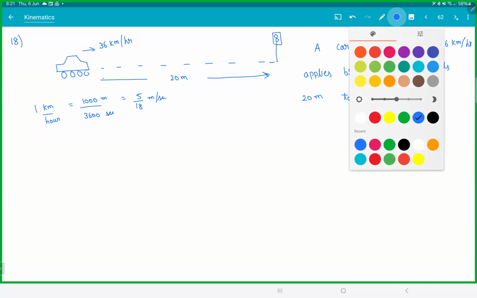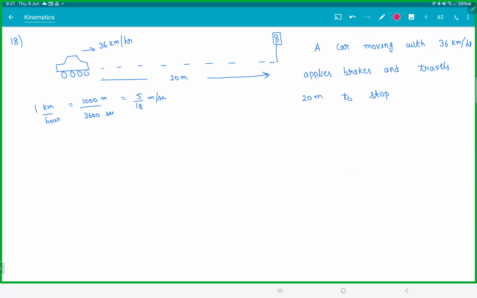This distance is called a stopping distance, meaning the distance you travel when you apply brakes.